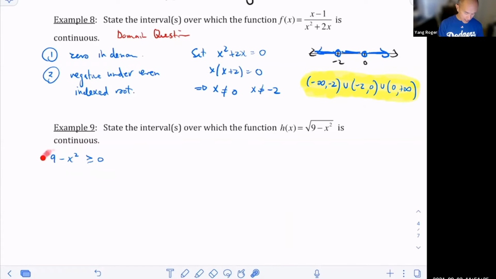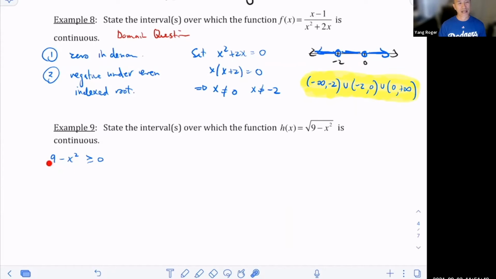Do you guys recognize anything interesting about this left-hand side here? Anything interesting? Not really. It's a polynomial. It's not just any polynomial, my friend. It's a parabola. I agree.